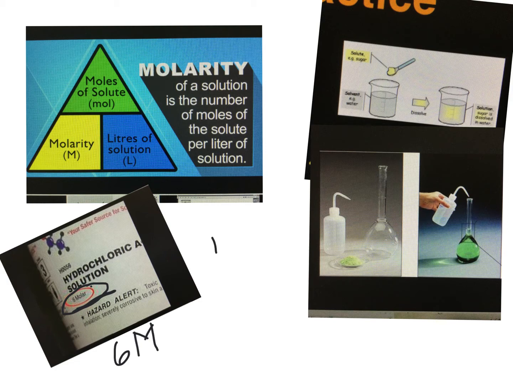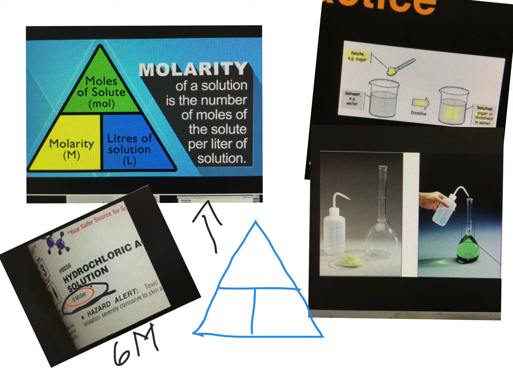Okay, now the triangle that you see up here is a shortcut, and that is what we actually did on the video from yesterday. Remember that that triangle can be used with any equation that has 3 variables. So you can later on use this in physics as well. Moles will always be at the top, molarity, and then liters at the bottom.